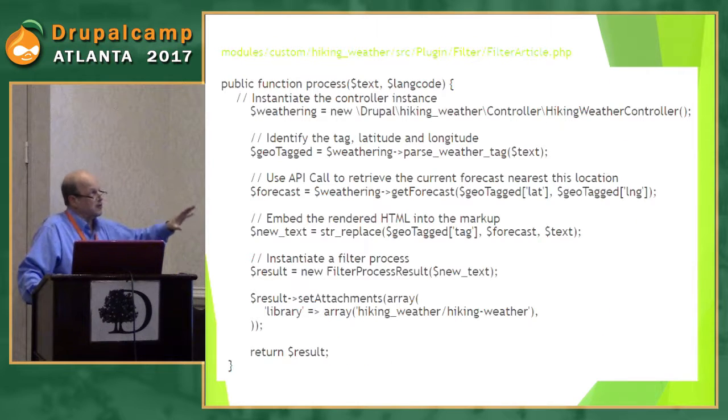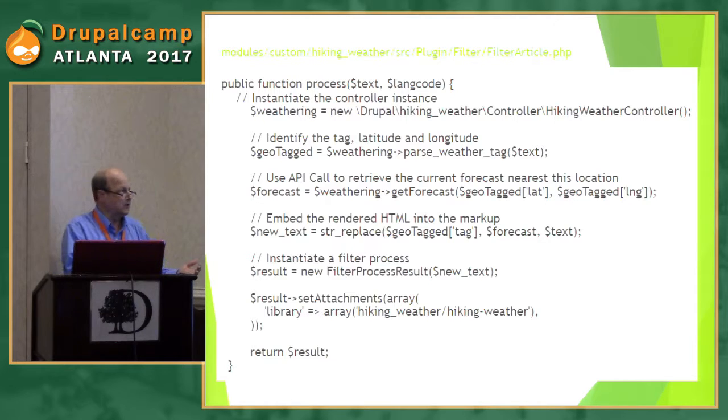Here's a little larger. This is the process method that's going to go out there and process a particular article, filtering out the weather tag and replacing it with the weather forecast. So you can see what I'm doing here. First of all, I'm parsing the text for the weather tag, and that returns the geolocation, which is just a simple array with latitude, longitude, and the name of the tag.